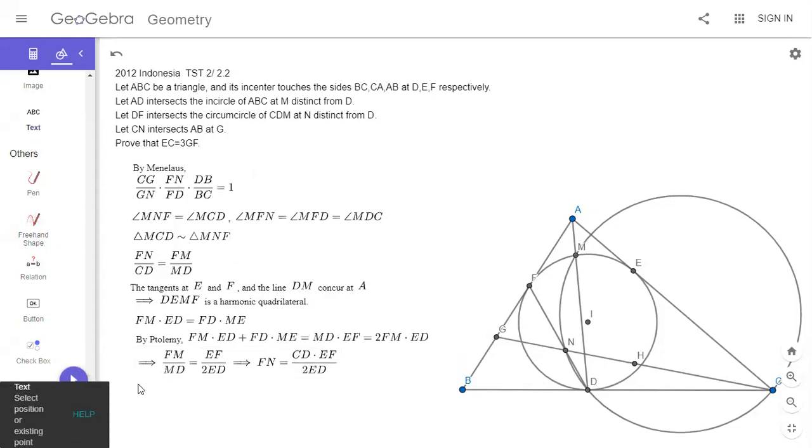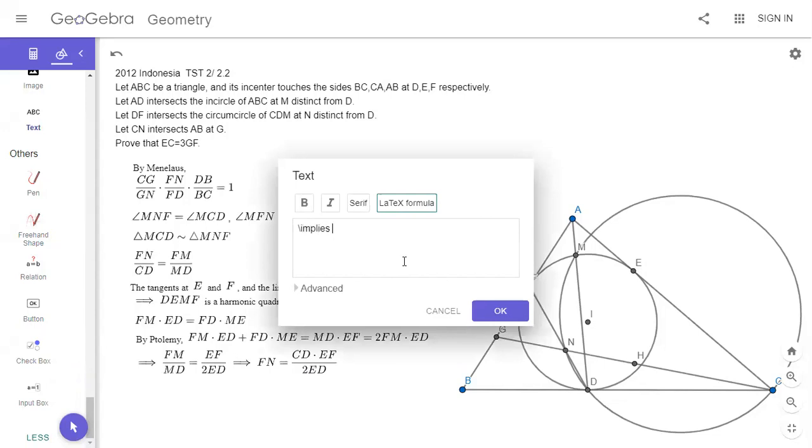So basically that means that's CD times EF times DB over 2EF times FD times BC.